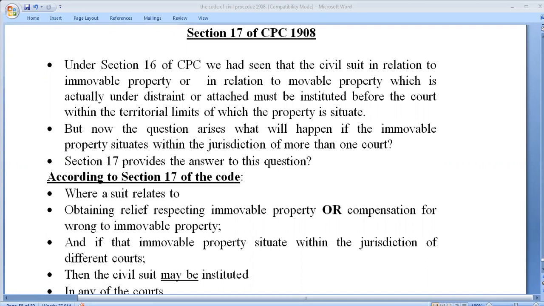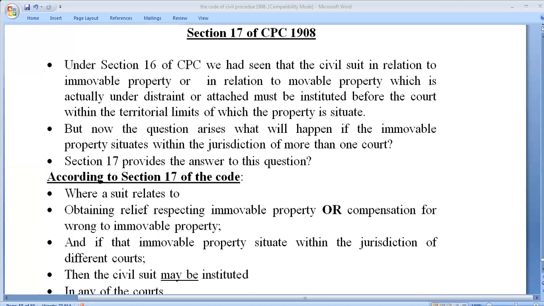In the last video, we had studied section number 16 of CPC, and in that lecture, we had seen that the civil suit in relation to immovable property, or in relation to the movable property which is actually under distraint or attachment of an authority, that type of civil suit must be instituted before the court within the territorial limit of which that property is situated.